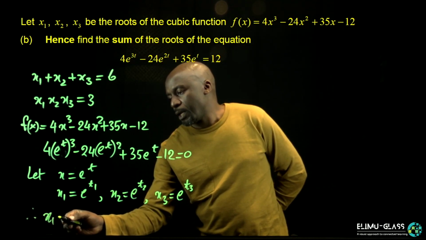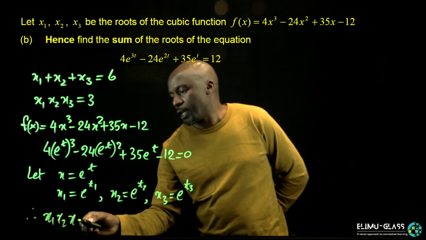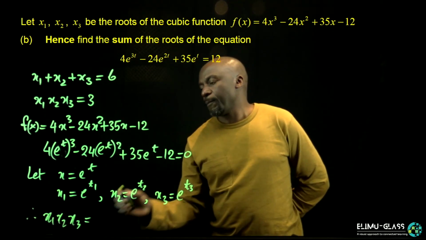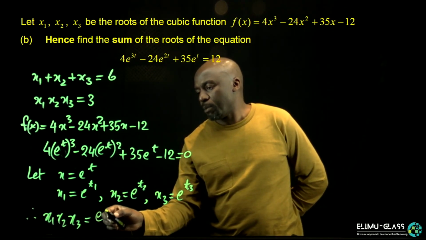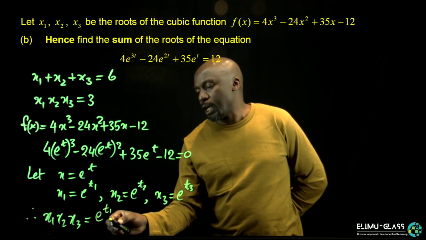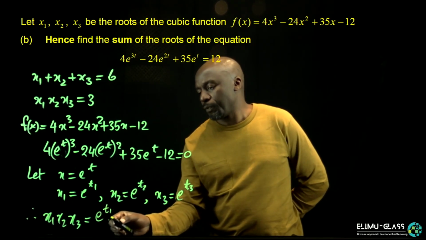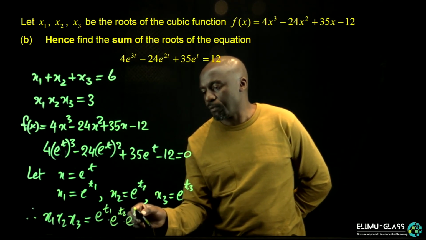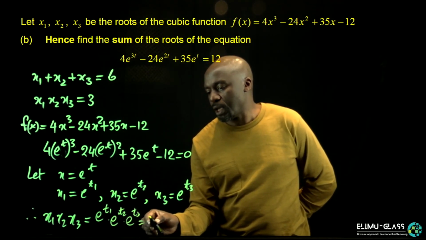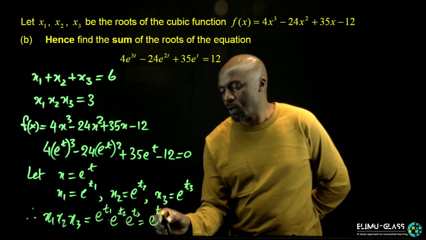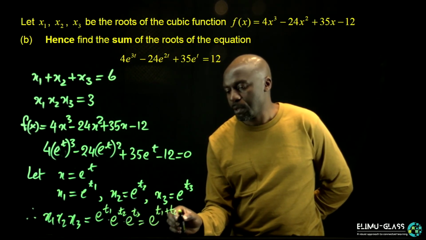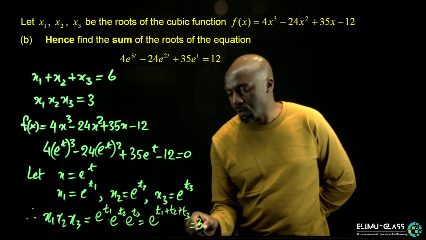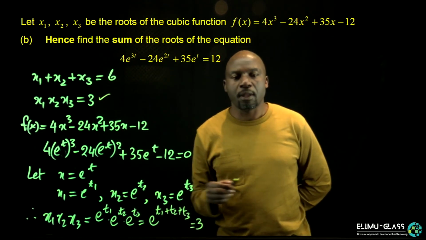Therefore x1 times x2 times x3, which is the same as 3, is e to the power of t1 times e to the power of t2 times e to the power of t3, which is the same as e to the power of t1 plus t2 plus t3, and this is equal to 3 according to that part.